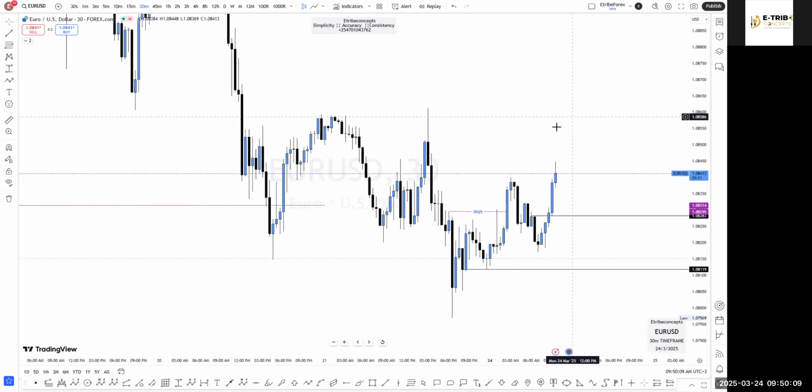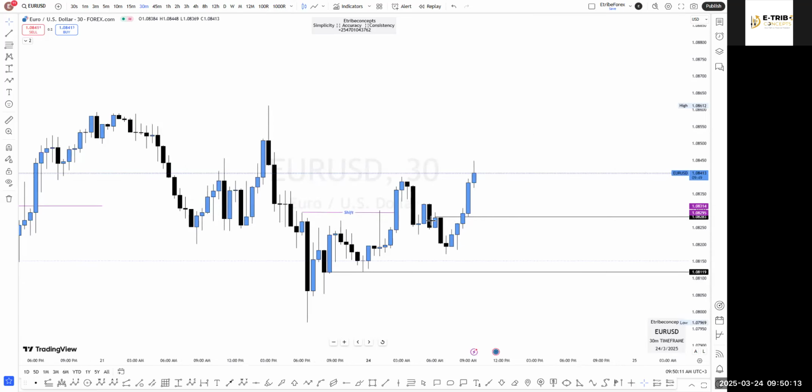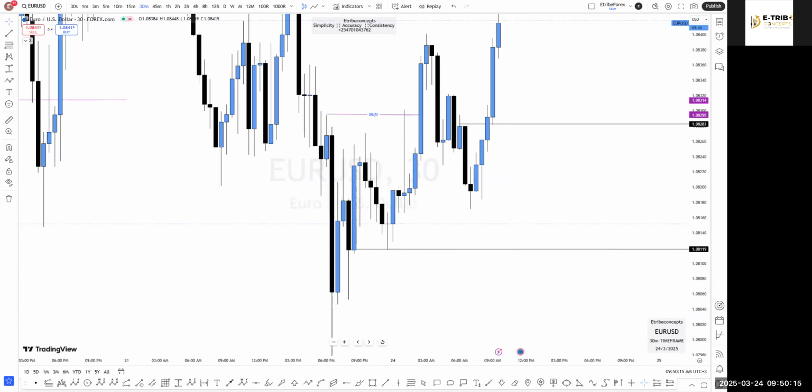All right. Now, if you look at the structures that we have below the shift, we had the whole of this structure. As much as price has consumed it, it has consumed it around 50%.